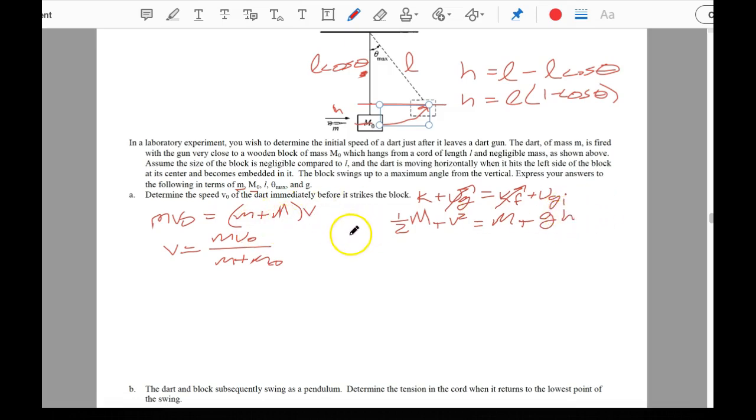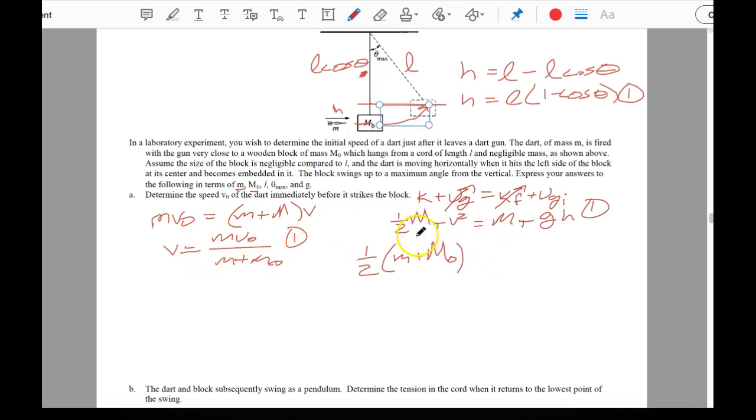So we know what H is. So far we have earned 3 points: 1 point here, a point here, and a point for determining what H is in terms of L. Now that we've done that, we've got to substitute everything into this equation. This is going to be 1/2 of little m plus big M, times our velocity.